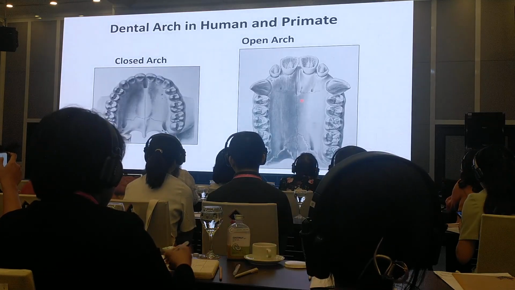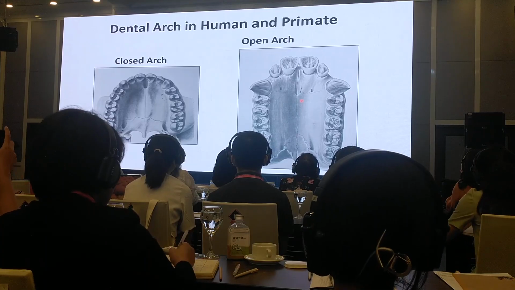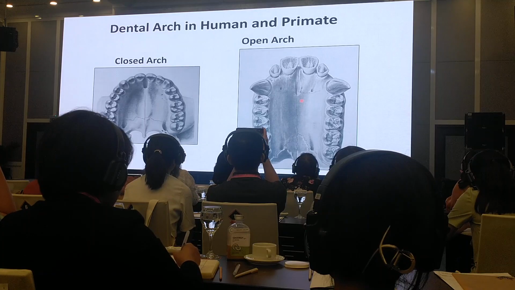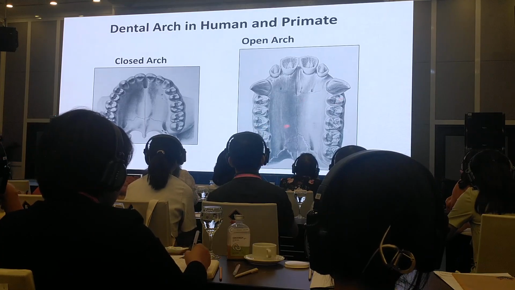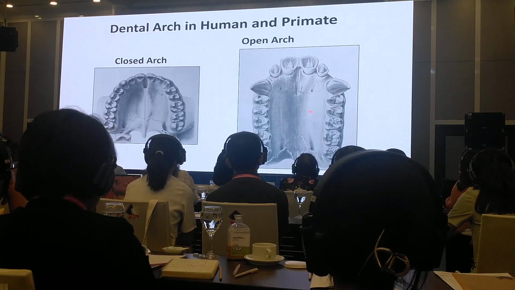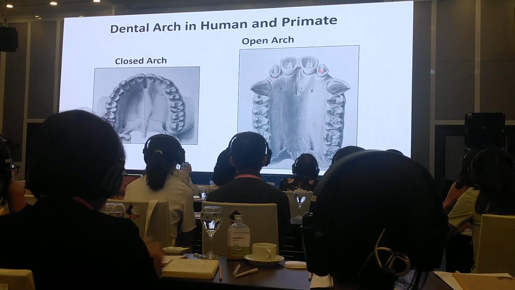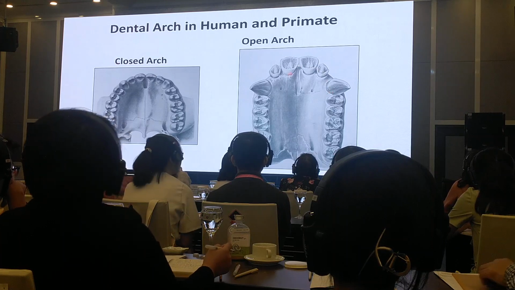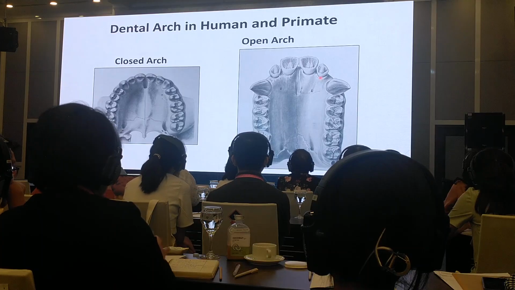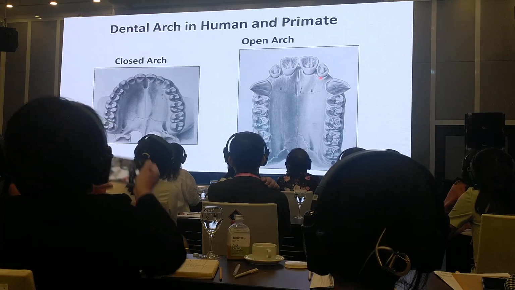If you compare the primate and our dentition, the upper arch, okay? The primate, for example gorilla, is something like this. This is the dental arch, and the upper front teeth are very much flaring out this way.